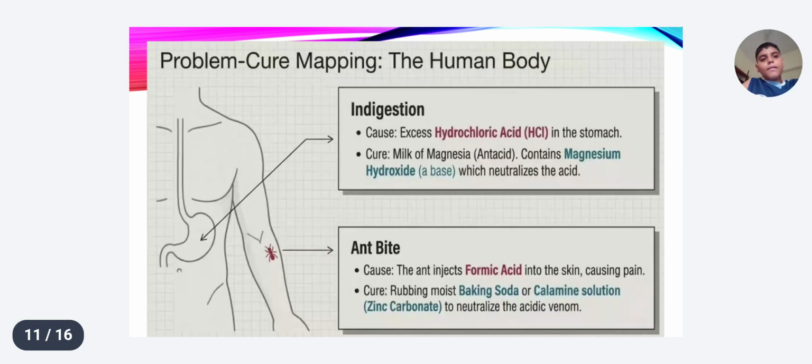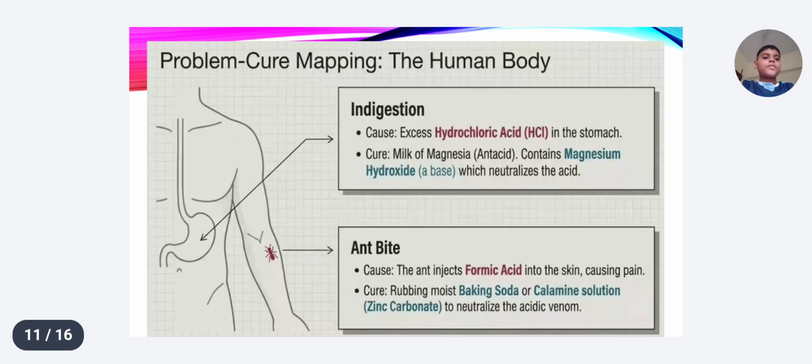Now, problem cure mapping the human body. Indigestion, cause excessive hydrochloric acid in the stomach. Okay.